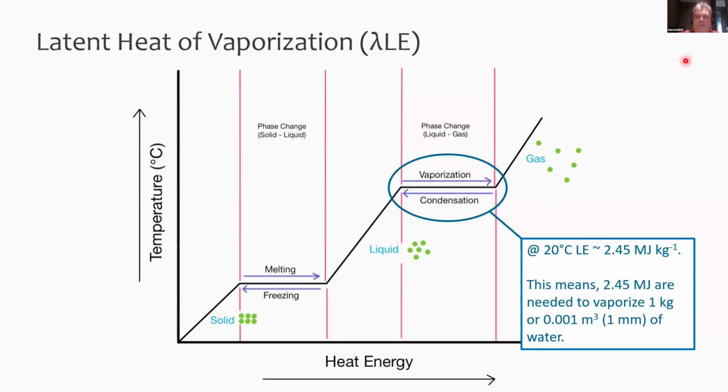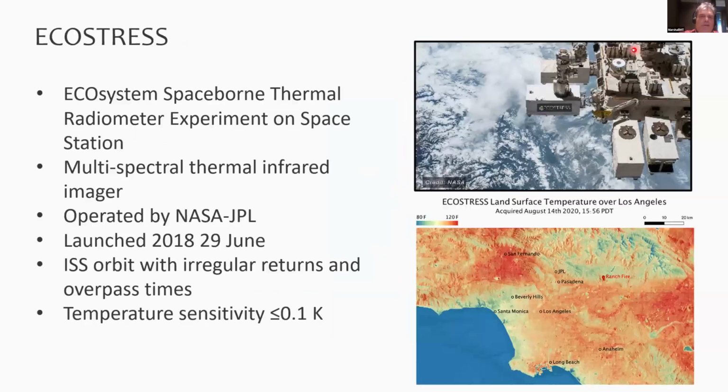Basically, at 20 degrees Celsius, you need approximately 2.45 megajoules per kilogram to vaporize 1 kilogram of water, and then we express this in this kind of funny unit, millimeters, which is a length, but it's actually a volumetric measure. And so you can see how the two are interrelated. Okay, so now we're talking energy. And so now I think we can dive into the remote sensing part.